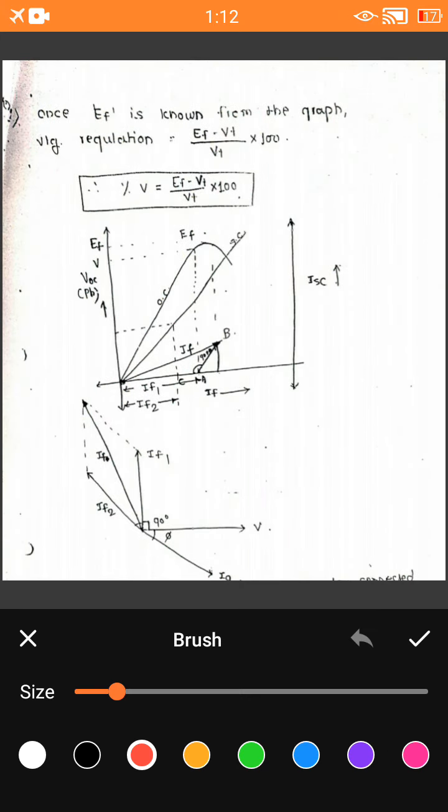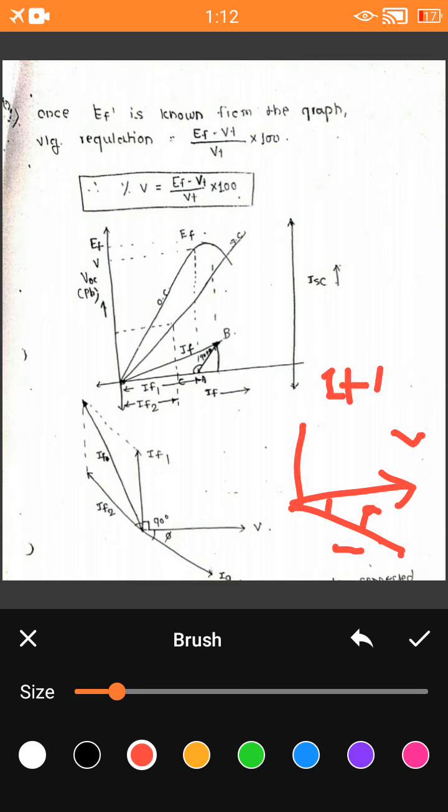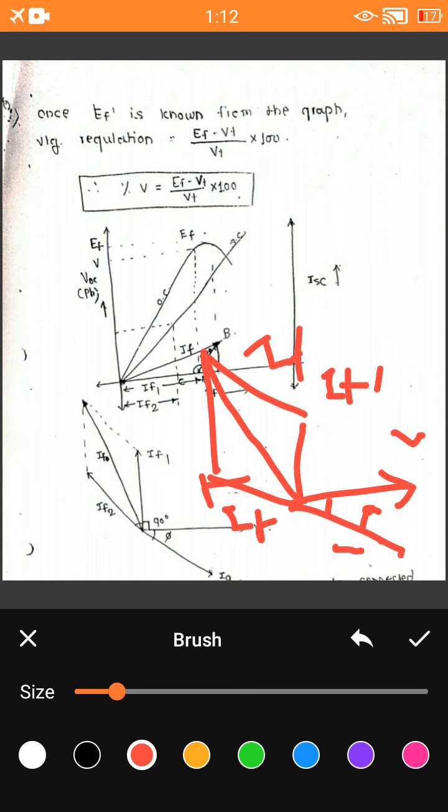Below that, there is a graph in which there is a voltage V, and the current IA is lagging by angle theta. For the sake of understanding, to find the ampere turns, this is the value of IF1, this is the value of IF2. From IF1 and IF2, we can find the value of IF with an angle of 90 degrees plus theta.